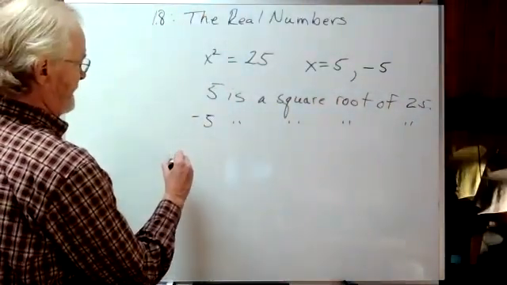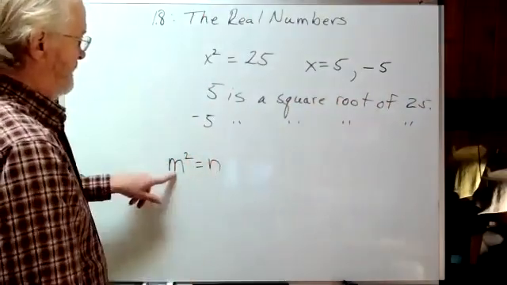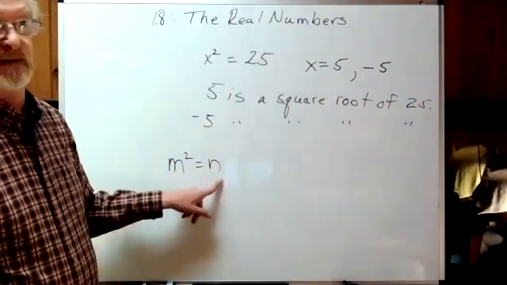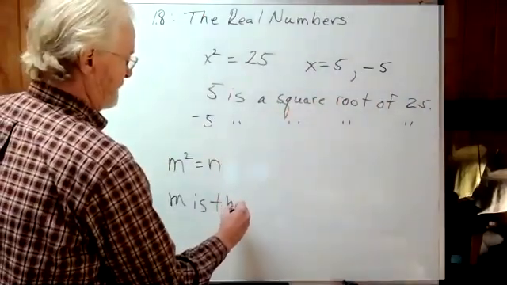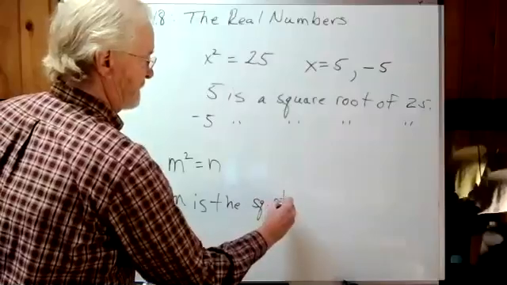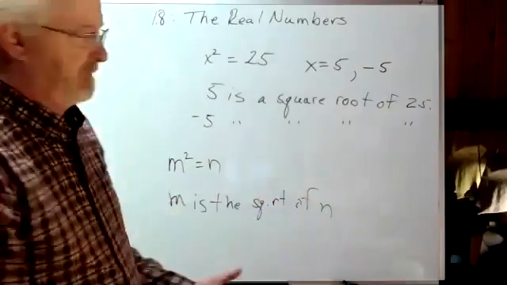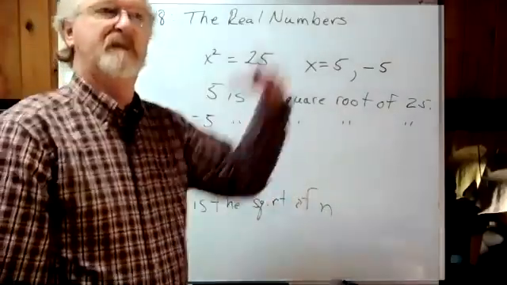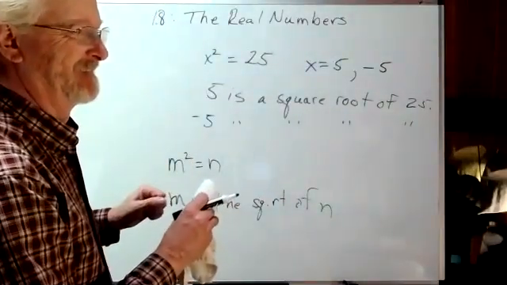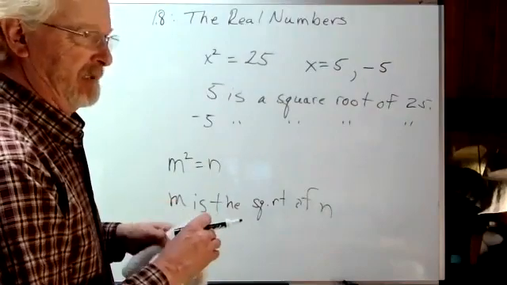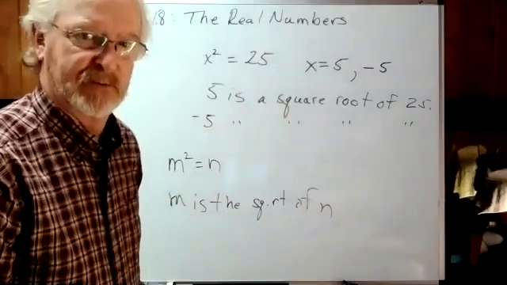So we say here if n, I forget if it's n or m in the book, if some number m can be squared to get n, then we say m is the square root of n. Okay, so definition. Square root is the number you can square to get the other one you're talking about. Are we going to have problems like this on the tests or quizzes? Yes, you're going to need that. Not so much like definition, but you're going to need to be able to use what we're talking about here.